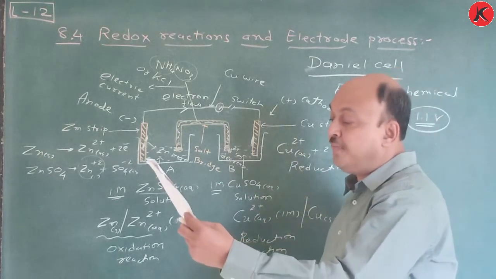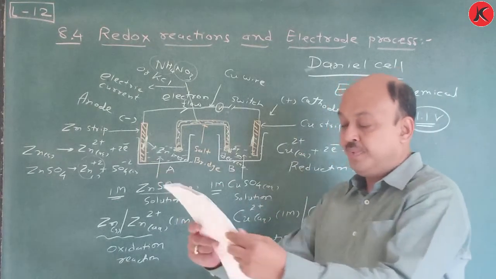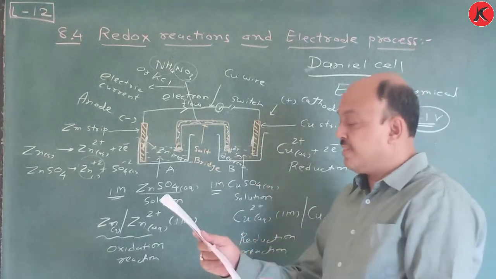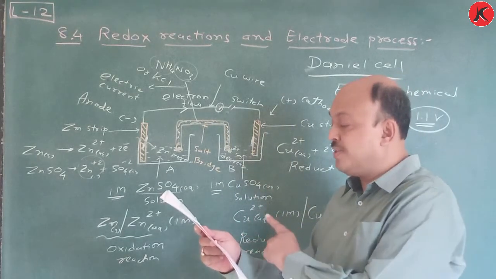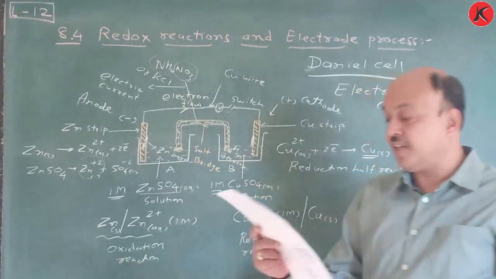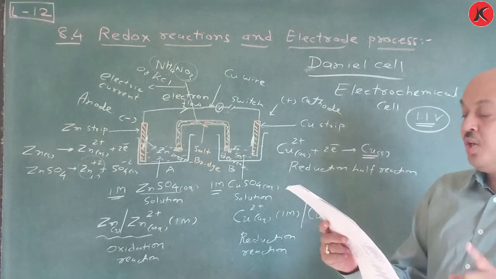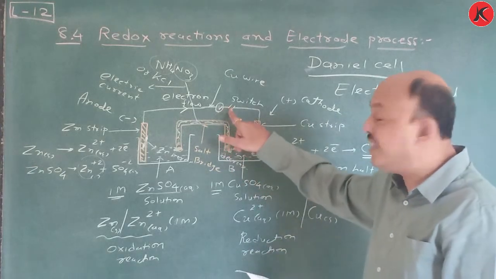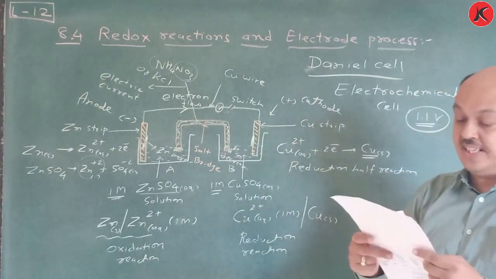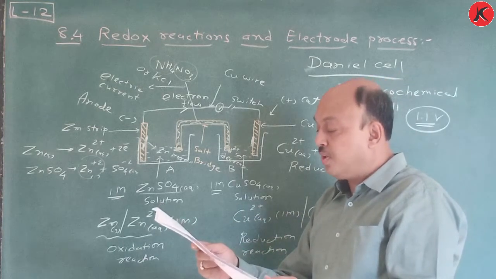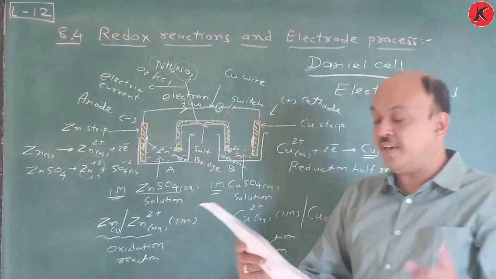Now the transfer of electrons, just you see here one sentence is written. The setup shown in figure is known as Daniell cell, which is already completed. When the switch is in the off position, no reaction takes place. When the switch is on, at that time this reaction takes place. Okay, now the beakers, and no current flows through the metallic wire.